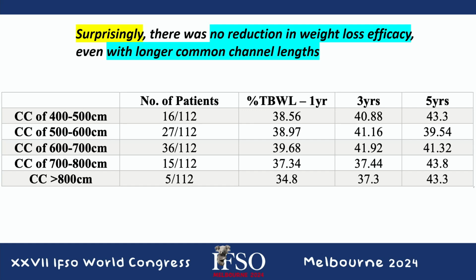So when you look at the 5-year total body weight loss, you can see whether you have a common limb of 400 to 500 or even more than 800 centimeters, the weight loss we had was ranging between 39% to 43% as the total body weight loss.